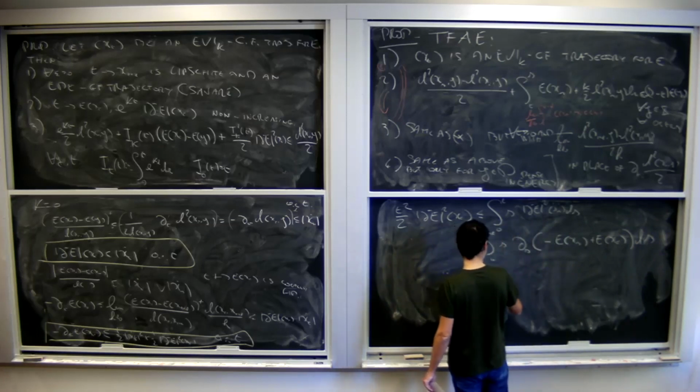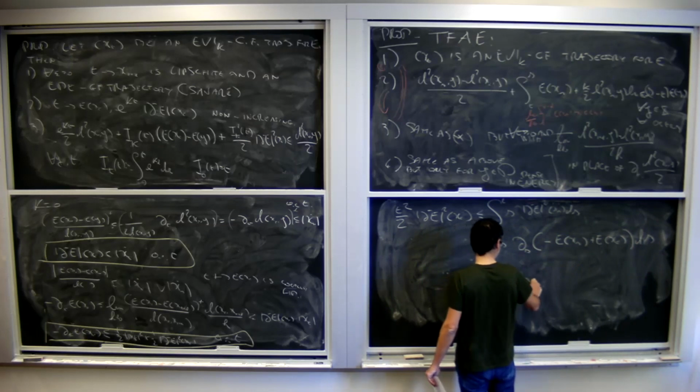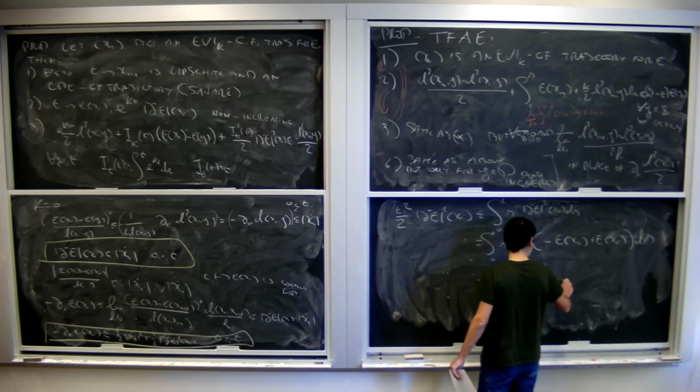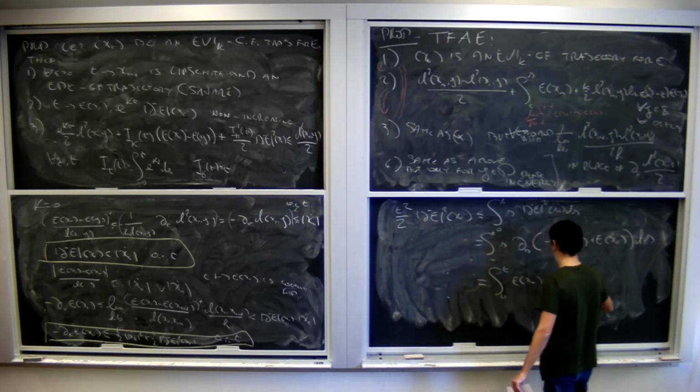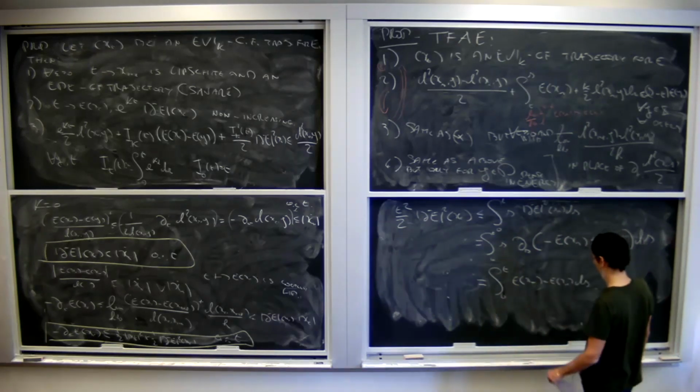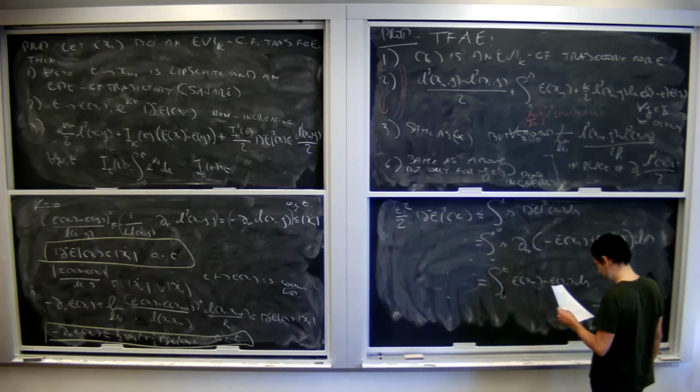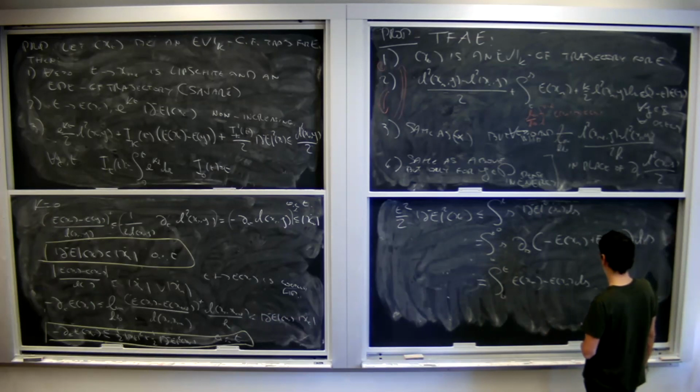And this is just the integral from 0 to t of the energy of x_t minus the energy of x_s ds. Is this correct? No, it should be minus x_s. Why is that?